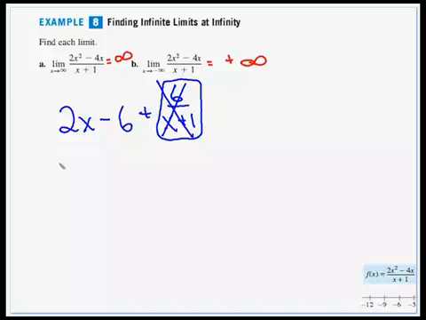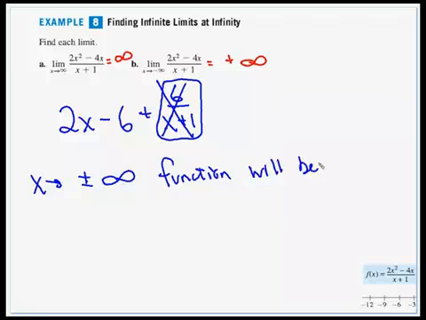So we can think in the long run, as the limit, as x heads off to positive or negative infinity, the function will behave just like the function we have here, 2x minus 6.